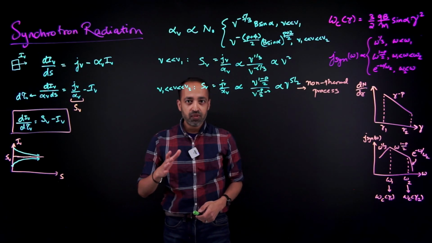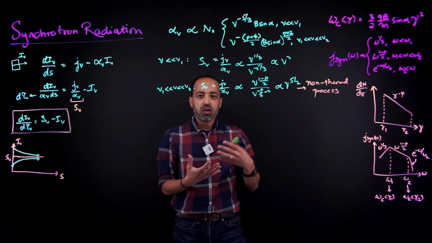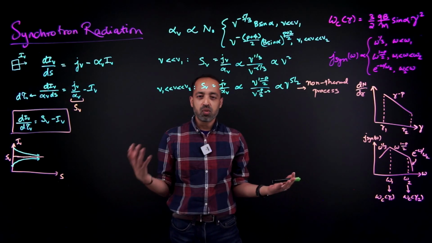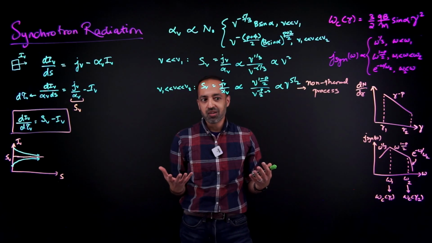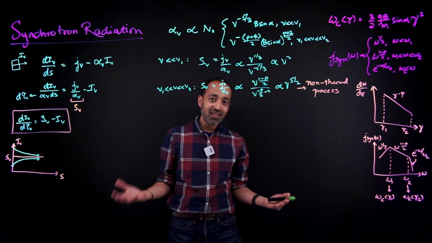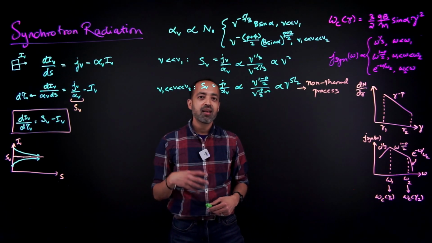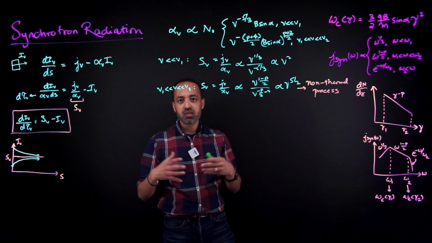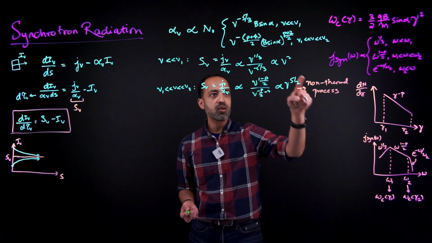So as you go to lower and lower frequencies, the absorption is higher, and so the transition from transparent to opaque, or more jargon terms, I guess, from optically thin to optically thick, happens at low frequencies. So as you go to lower and lower frequencies, at some point the system becomes opaque, becomes optically thick. The spectrum, instead of looking like that, starts looking like this.